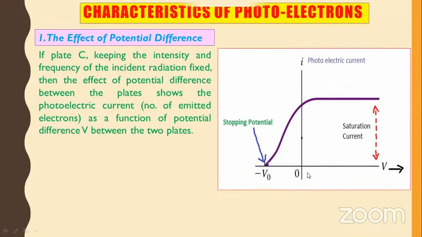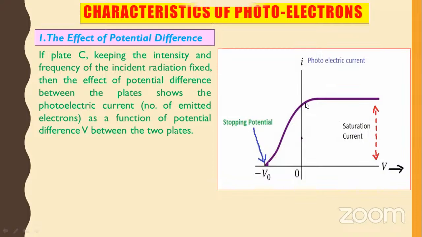On the x-axis is V, on the y-axis I. More potential, more current. But when the maximum is reached, saturation means stable. By reaching the maximum current, it comes to the saturation current.